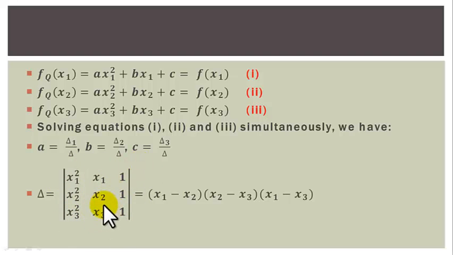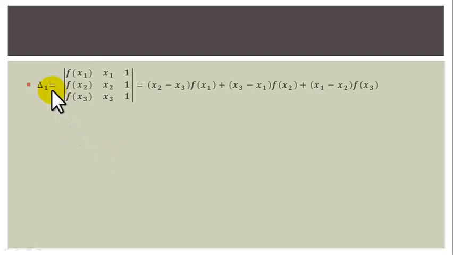Evaluating this determinant, this will give us x1 minus x2 times x2 minus x3 times x1 minus x3. Delta 1 is this determinant, which is equal to x2 minus x3 times f of x1 plus x3 minus x1 times f of x2 plus x1 minus x2 times f of x3.